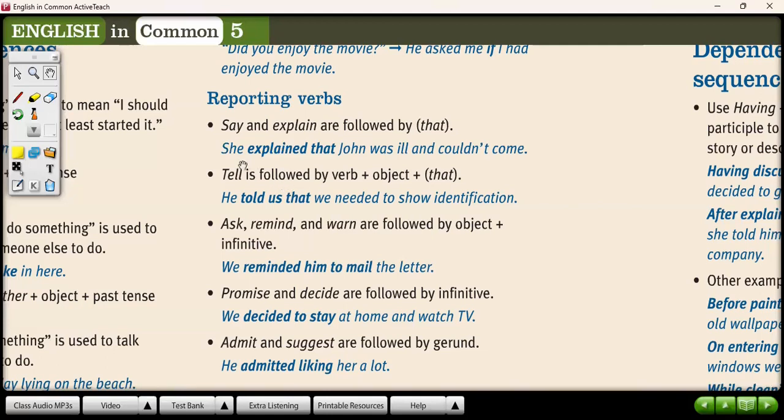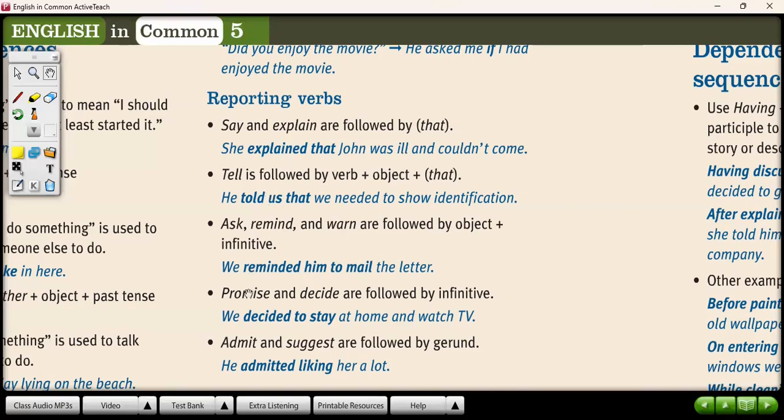For example, she explained that John was ill and couldn't come. Now compare with tell. Tell is always followed by an object, because you tell something to someone. For example, he told us that we needed to show identification. So us is the object. That's the difference from the point of view of grammar.